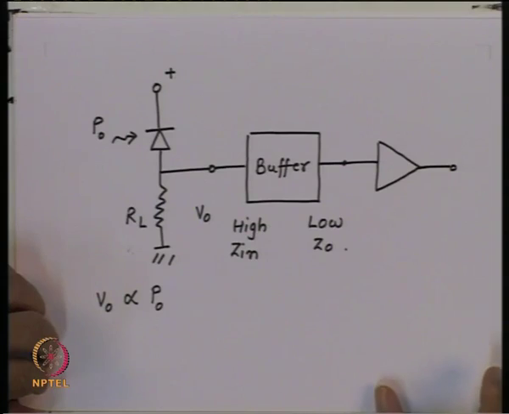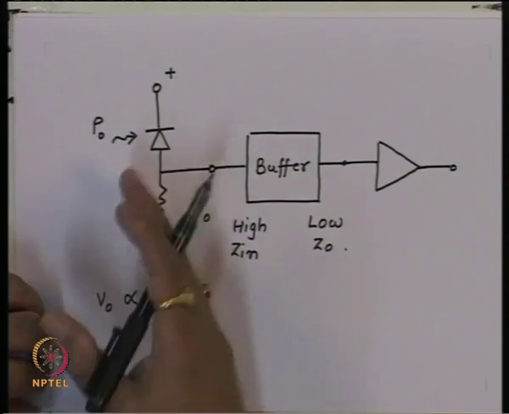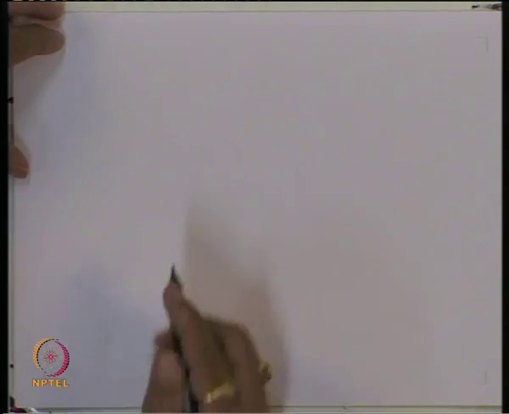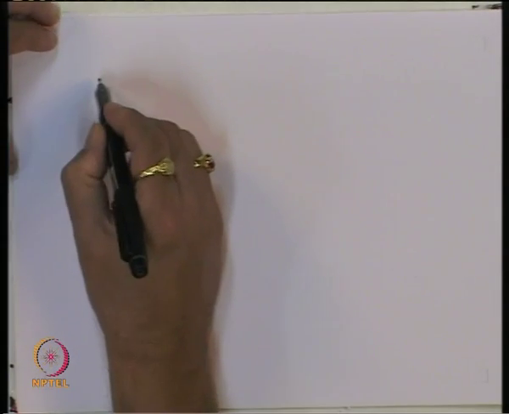Now if we write down the equivalent circuit of this whole configuration, it will typically look like this. We are writing out the AC equivalent circuit.